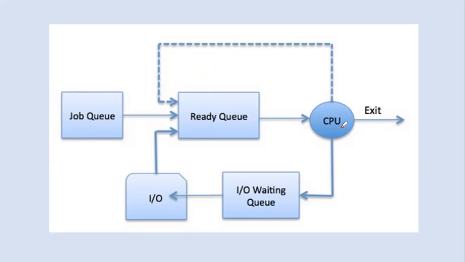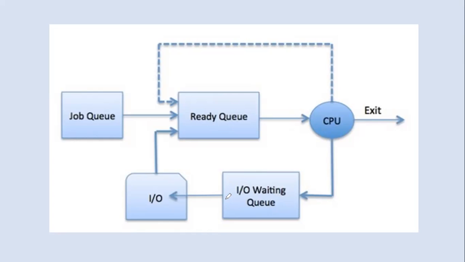In case a process is in the running state holding the CPU, and it makes a request for an entry that needs to be made, for example, by the user, it is blocked and therefore it is placed in the IO waiting queue, or what we are calling the device queue.